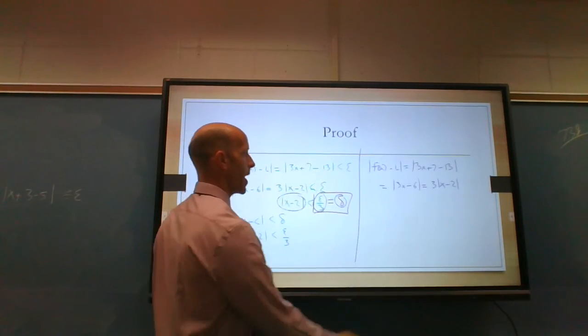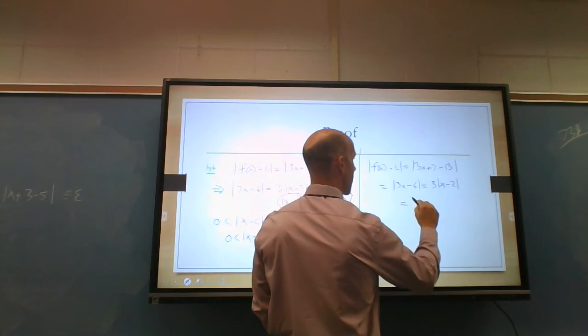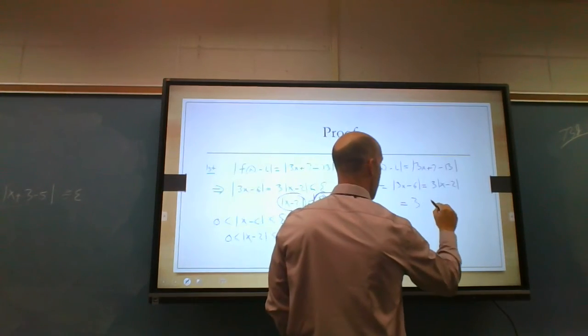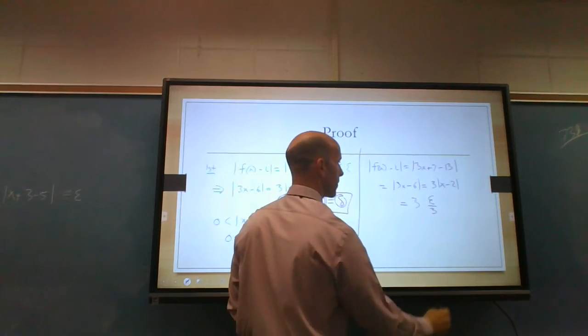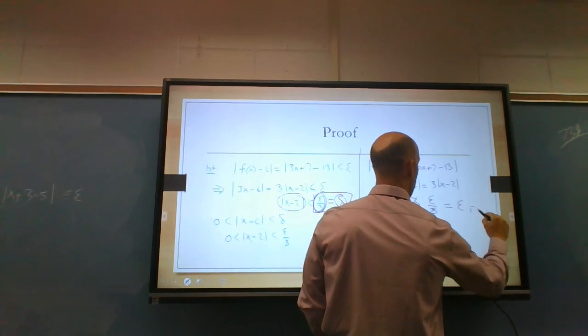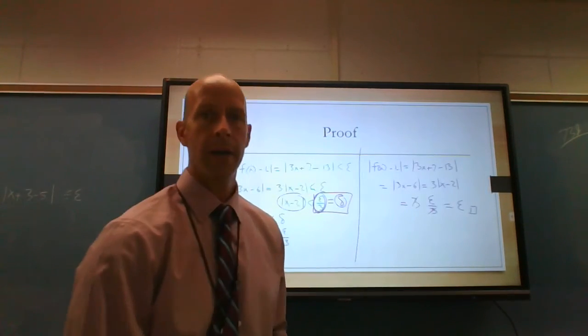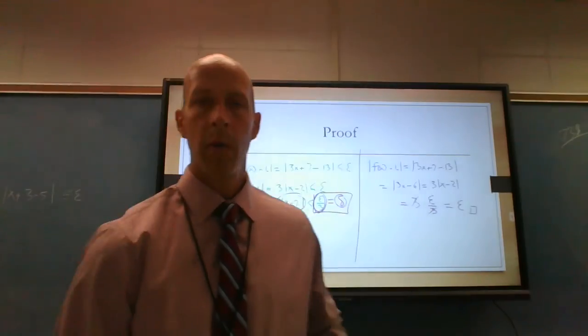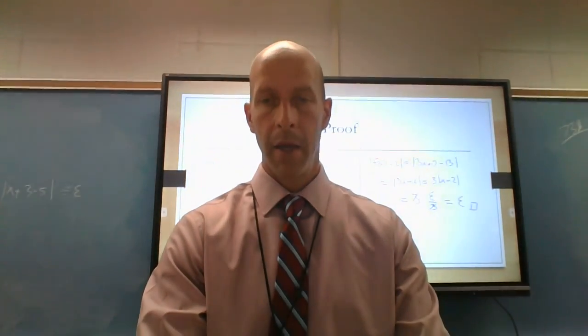It's less than delta, which is epsilon over 3. So at this point I can literally say 3 times, and instead of x minus 2, I put in epsilon over 3. And guess what happens to our two 3's? We get our epsilon, which was what we needed to provide. In other words, it doesn't matter what the epsilon is, the limit is going to be 13 because it exists.